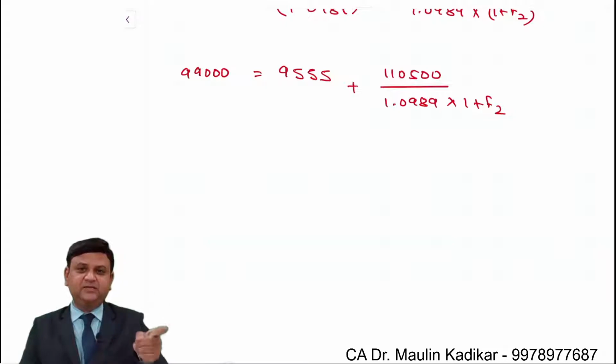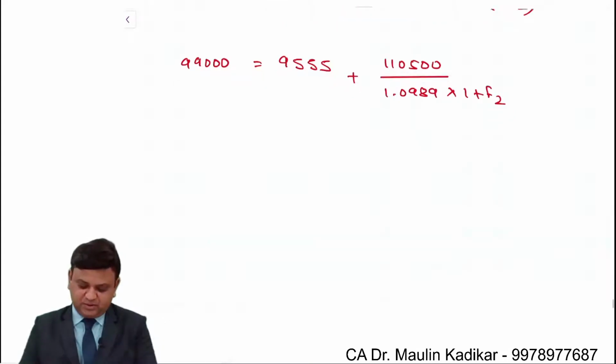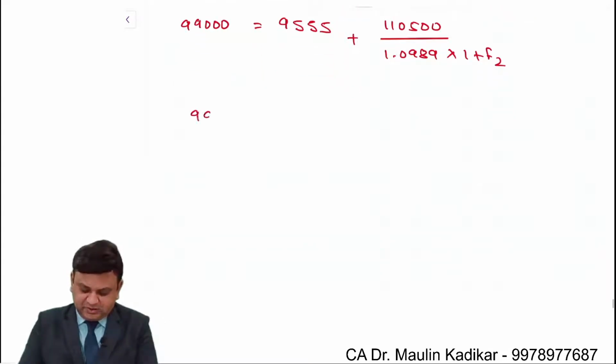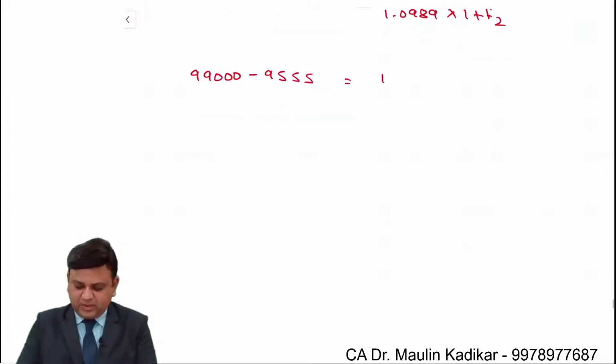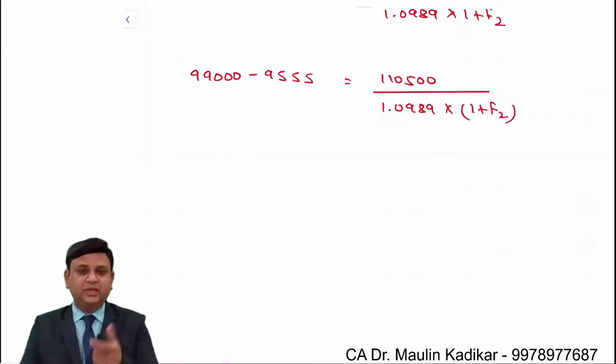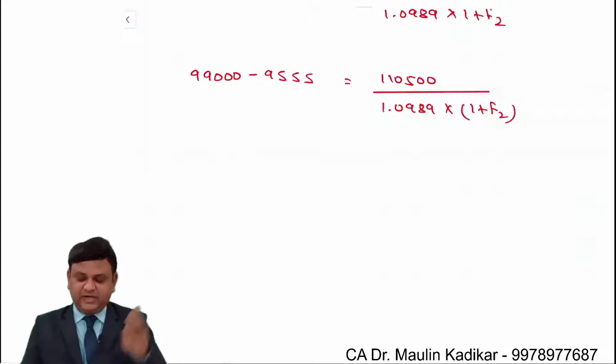That is, 9,555 is transferred. So 99,000 minus 9,555 is equal to 1,10,500 divided by 1.0989 into 1 plus F2. So this divisor will be transferred to the numerator.